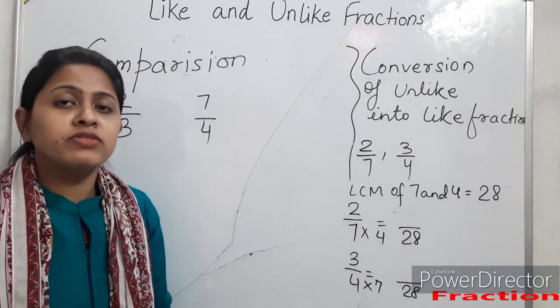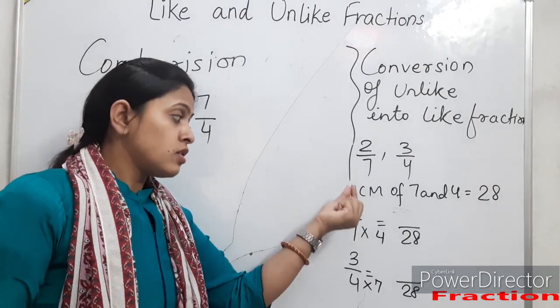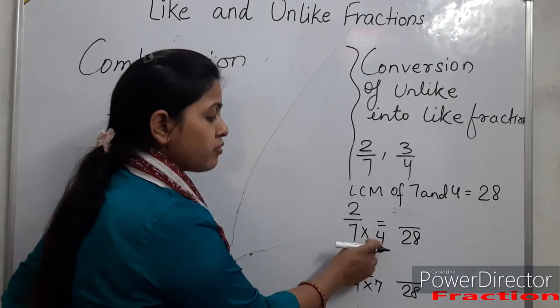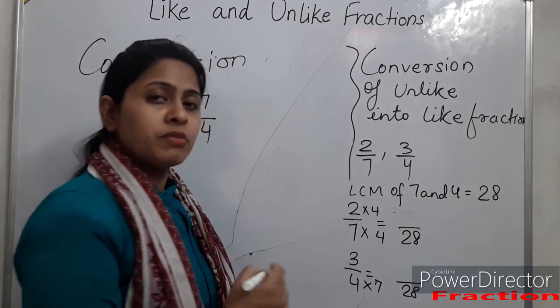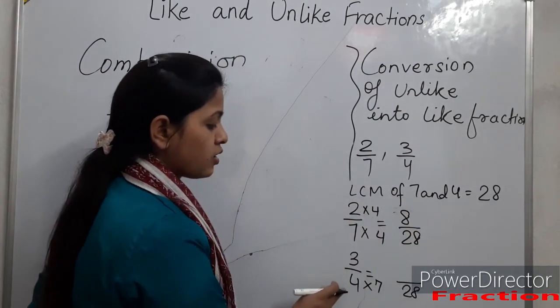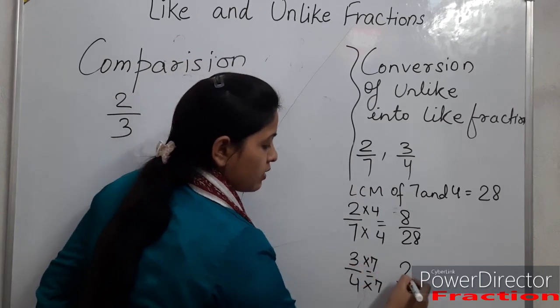Whatever number is multiplied in the denominator will be multiplied in the numerator also. Here we have multiplied 4 in the denominator, so we have to multiply 4 in the numerator also, which becomes 2 into 4, 8, and here also 3 into 7, that is 21.